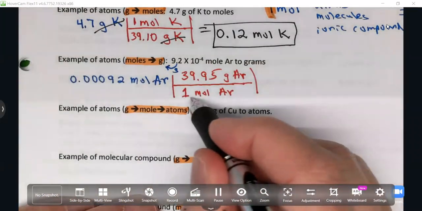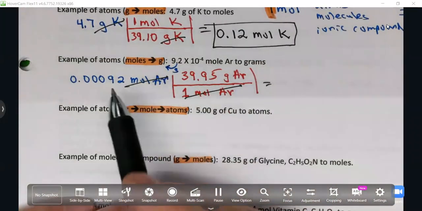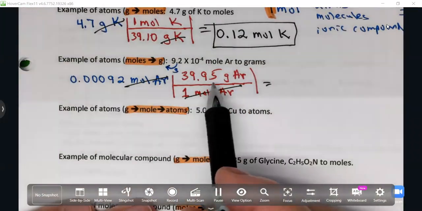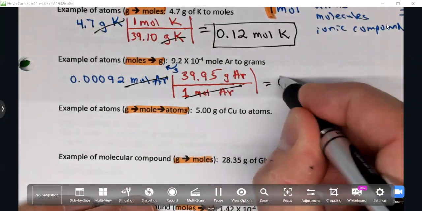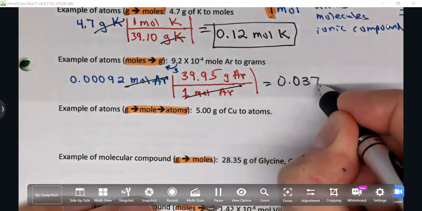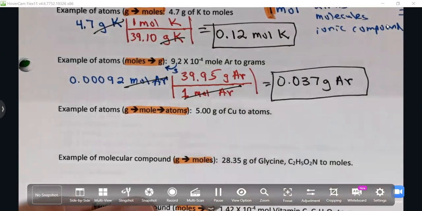We are going to cancel out moles. We started with 2 sig figs. We're going to end with 2 sig figs. And if we end with 2 sig figs, I believe we get 0.037 grams. Is that right? Okay.